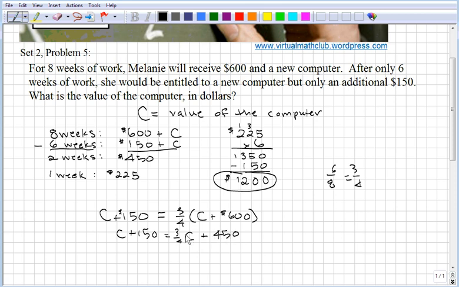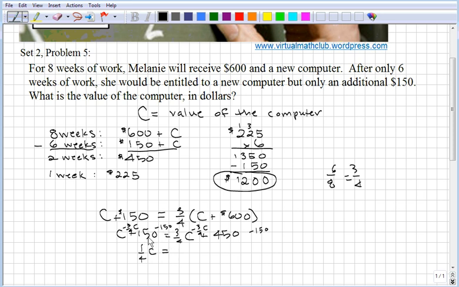Alright, and then let's subtract 3/4 c from both sides. And while we're at it, why don't we just subtract 150 from both sides? We'll do 2 steps in one. Okay, so if we take 1c minus 3/4 c, we end up with 1/4 c.